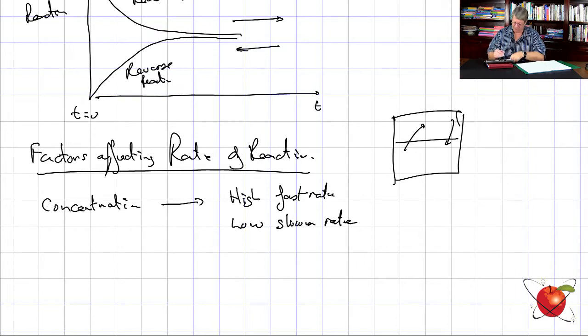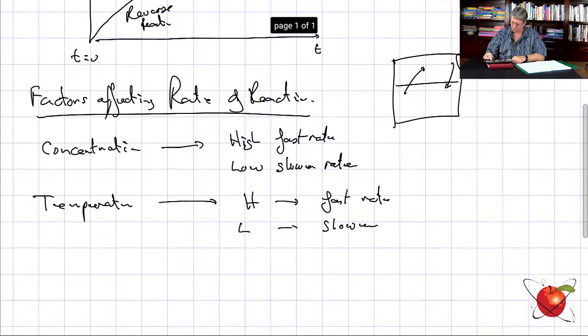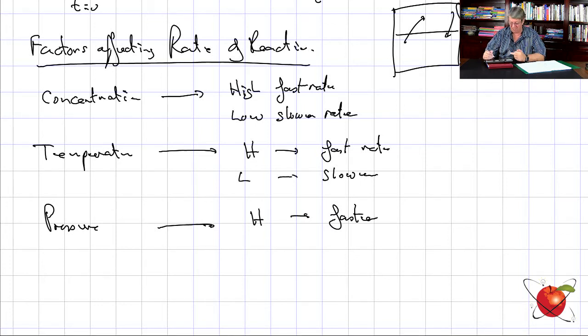The next one was temperature: high means fast rate, low means slower. I'm not talking about reverse or anything yet. Pressure: high, faster. This is all to do with the Maxwell-Boltzmann distribution, and pressure is proportional to number of moles, and low is slower.